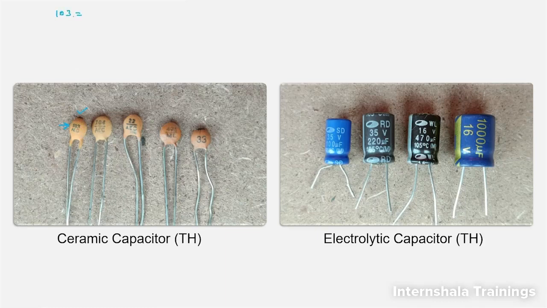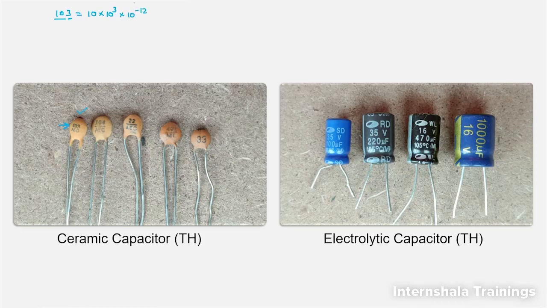The procedure is, first of all, you have to consider the first two digits of the capacitor. So let's consider these two digits. You write them as it is. Then the next digit is going to be the multiplier, so I will multiply this 10 by 10 to the power 3. And after that, you have to multiply it by 10 to the power minus 12.